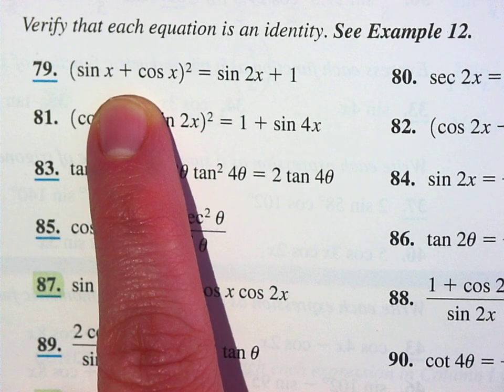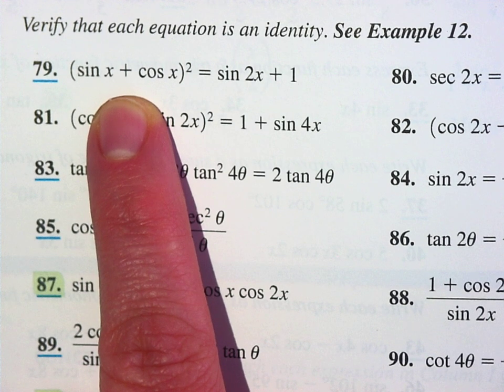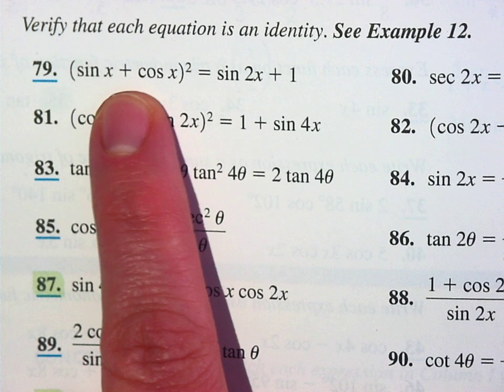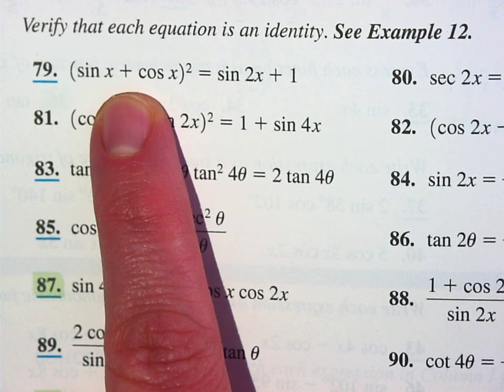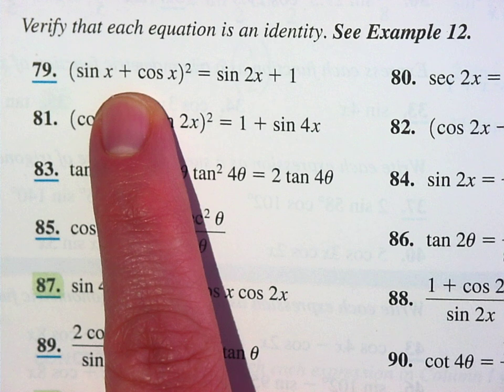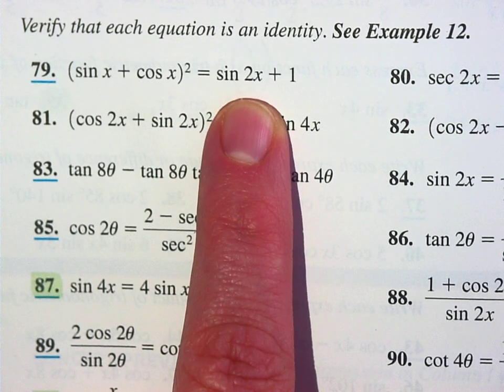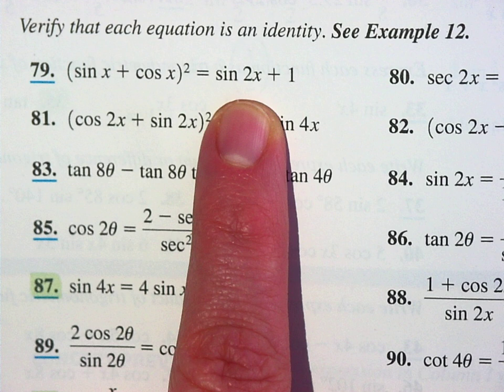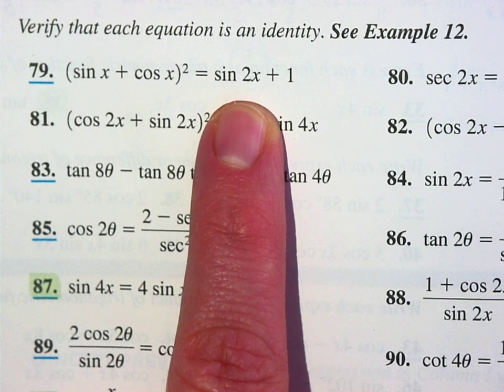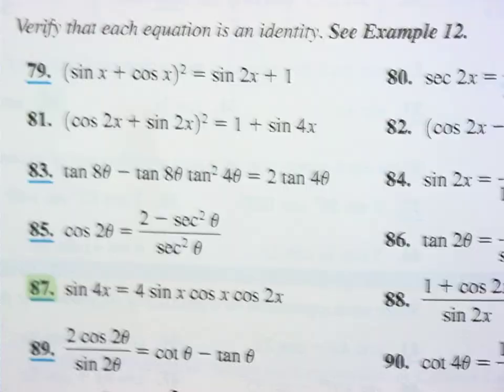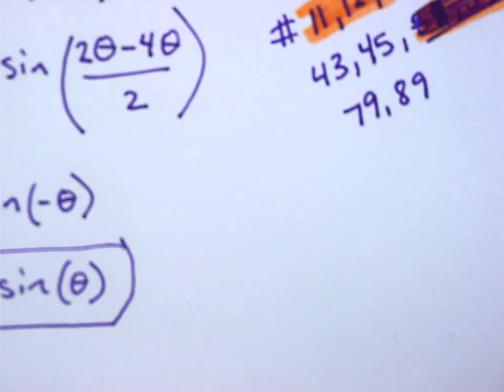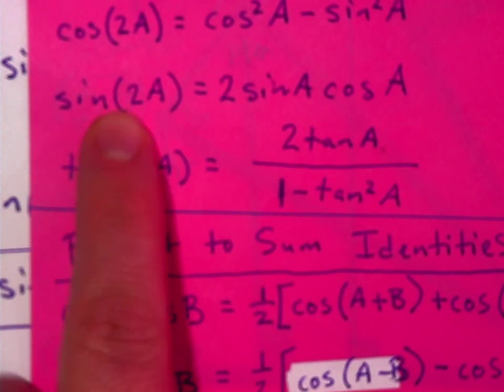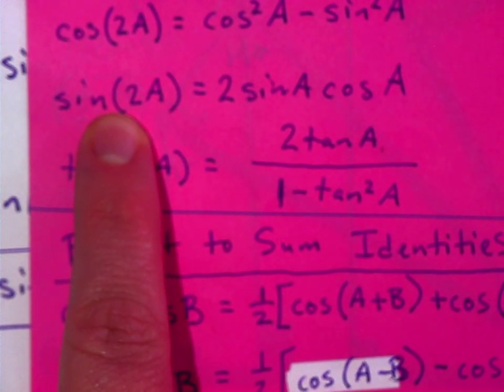So many times I've said this is the biggest mistake everybody always makes in this class, and you guys are like, got it. This is sine x plus cosine x times sine x plus cosine x. So make sure you do a box or foil that one, okay? On this side, you know how you have a formula for sine of 2x? The double angle formulas? If you plug that in, things will clear up real fast. Remember, the double angle formula is sine of 2a equals 2 sine a cosine a. Things will clear up real fast when you start doing that.